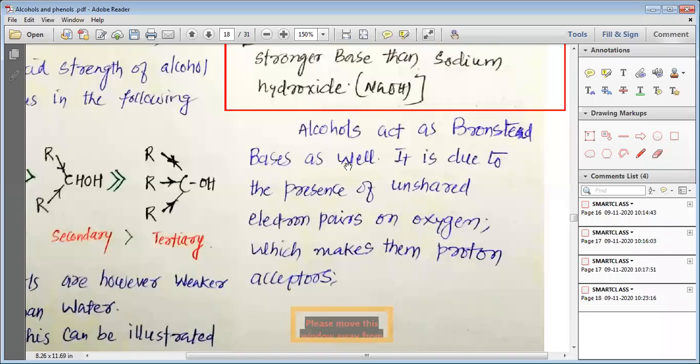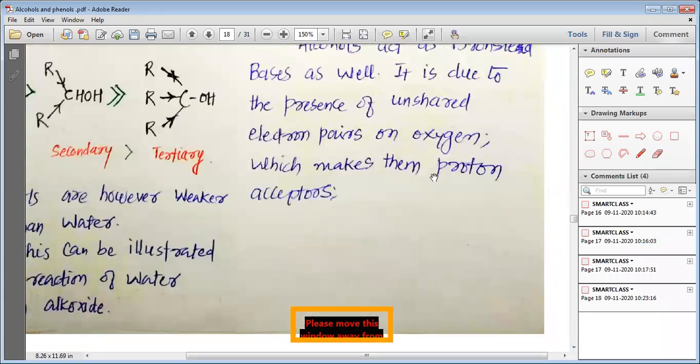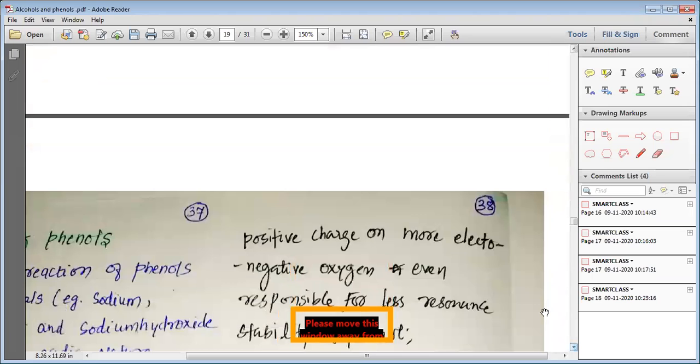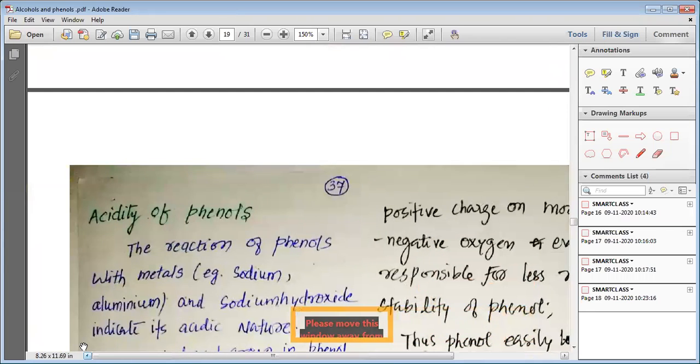Alcohols are Bronsted bases as well. It is due to the presence of unshared electron pair on oxygen, which makes them very good proton acceptors. So this is how, my dear students, we can understand the acidity of alcohols.